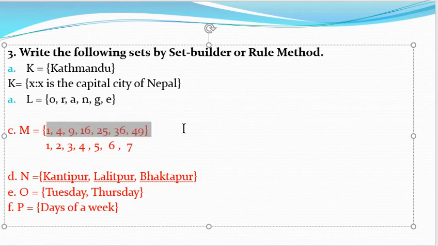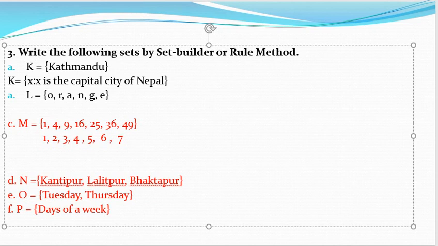Now you can see this question has been given: these are all the squares of these 7 numbers. So how you will write it in the set builder method: M equals curly bracket x such that x is the square of the first 7 natural numbers.